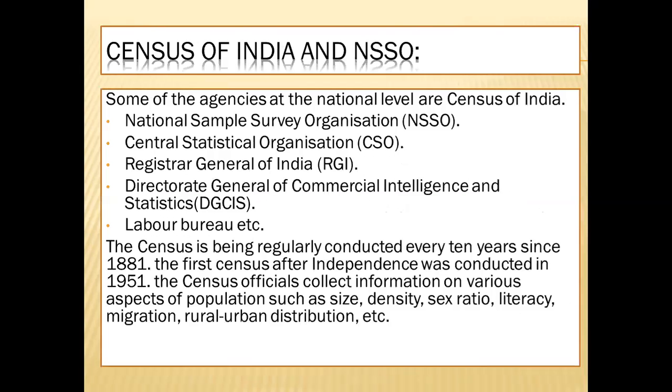Then next, Census of India and the National Sample Survey Organization. Some of the agencies at the national level are listed here. First one, the National Sample Survey Organization, NSSO, formed by the Government of India. Then the Central Statistical Organization, CSO, also collecting statistical data, with its headquarters in Calcutta.